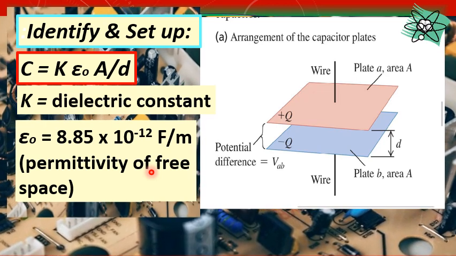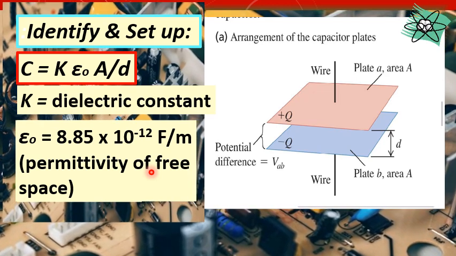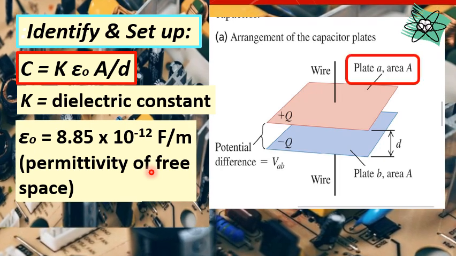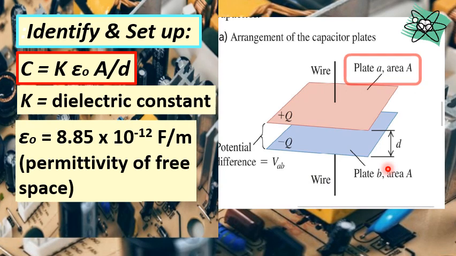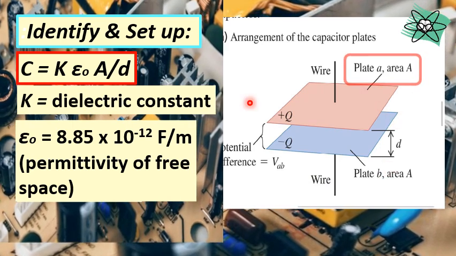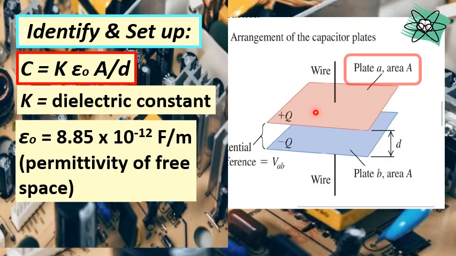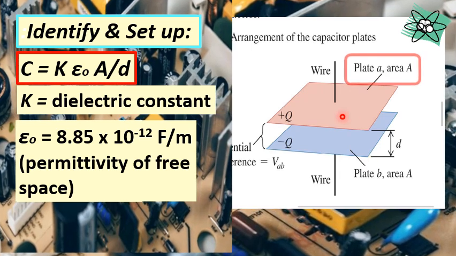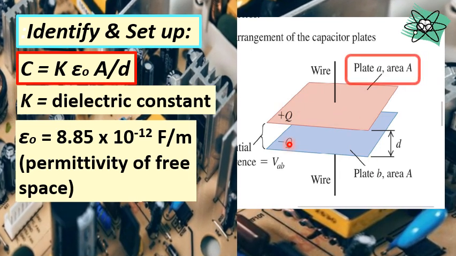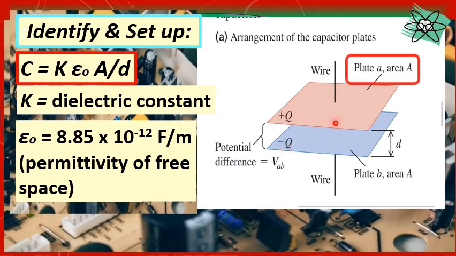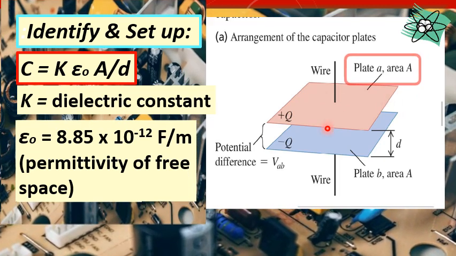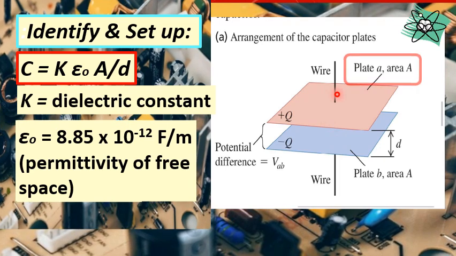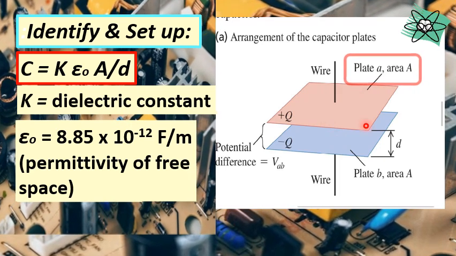So just to emphasize once more, capital A in the equation refers to the area of the plate or charged plate. Since there are two plates, one is positive and the other is negative, we only consider the area of either the positive or the negative plates. We do not add the two areas.